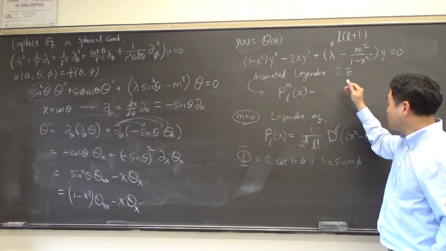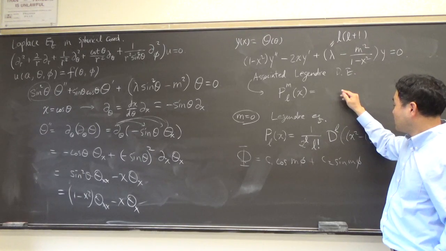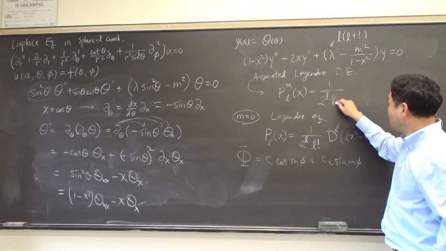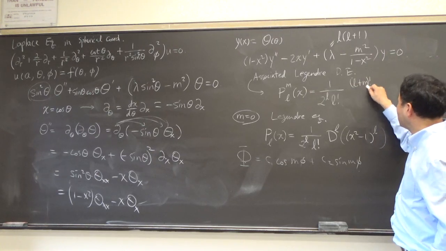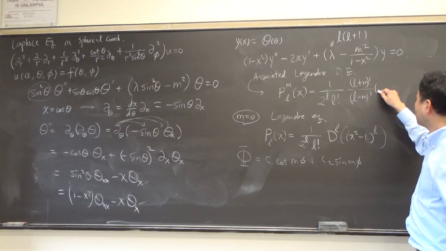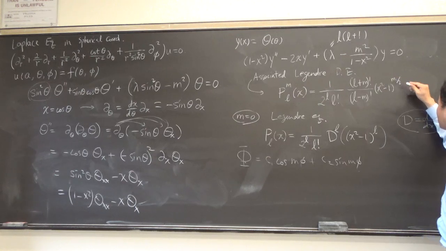And then this one will look like the following. It's 1 over 2 to the L, L factorial. You have L plus m factorial divided by L minus m factorial, and x squared minus 1 to the m divided by 2.